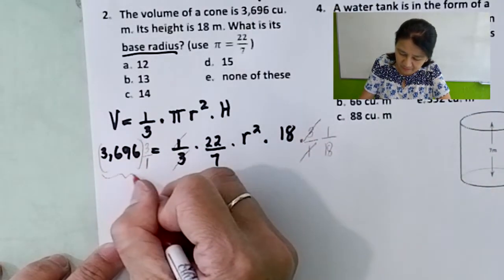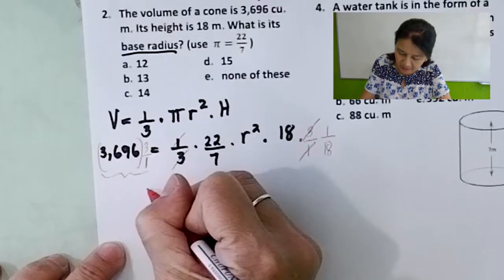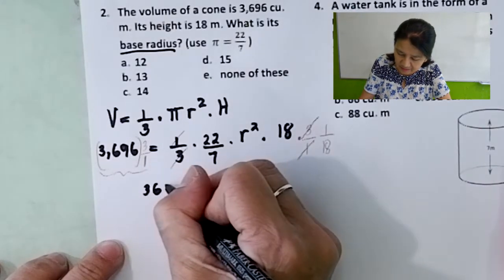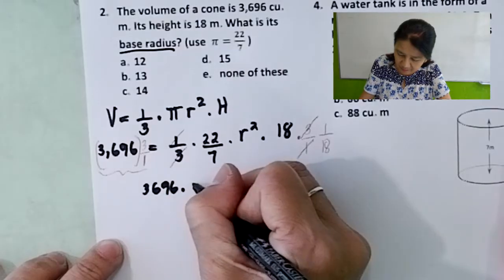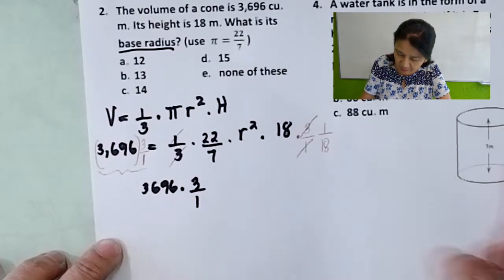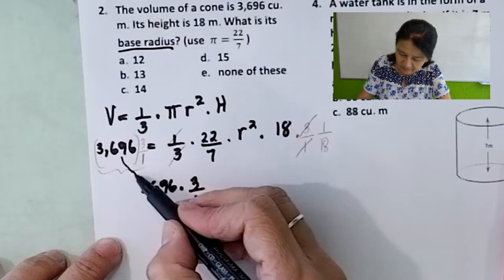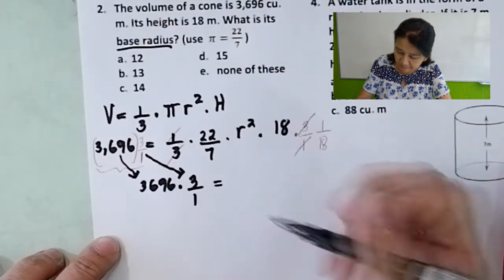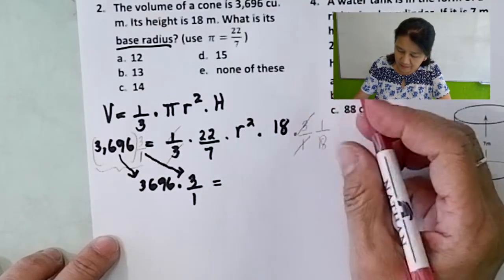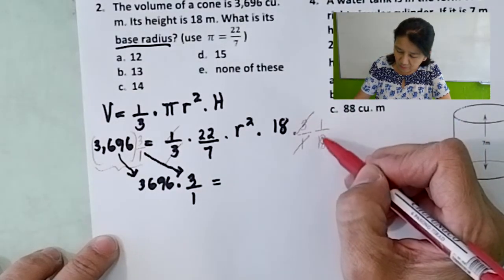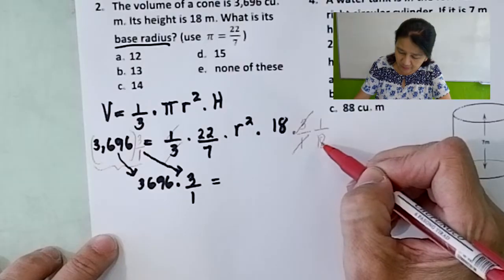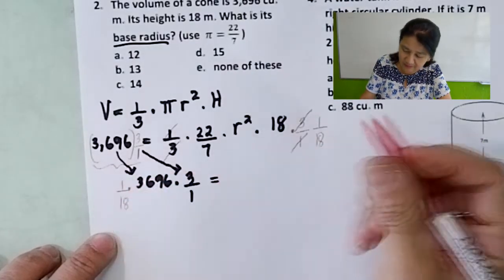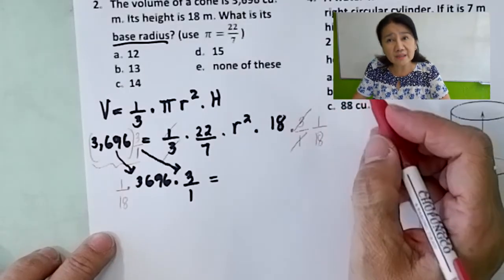Let me rewrite this part so that we have space. So this is 3,696. We multiplied 3 over 1 there and 3 over 1. Then, as I've said, we multiply 1 over 18 to the left and to the right. Why 1 over 18?